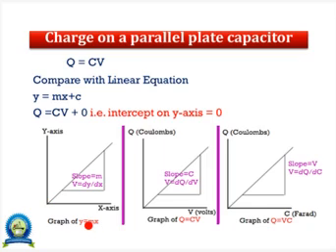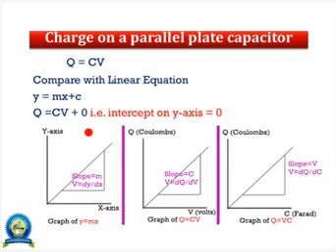Hence, we have y is equal to mx as the equation expressing this linear graph. Otherwise, you will have an expression like y is equal to mx plus c, where c is the intercept on the y-axis. However, in this case, because the intercept is equal to 0, your graph will pass through the origin, 0, 0.